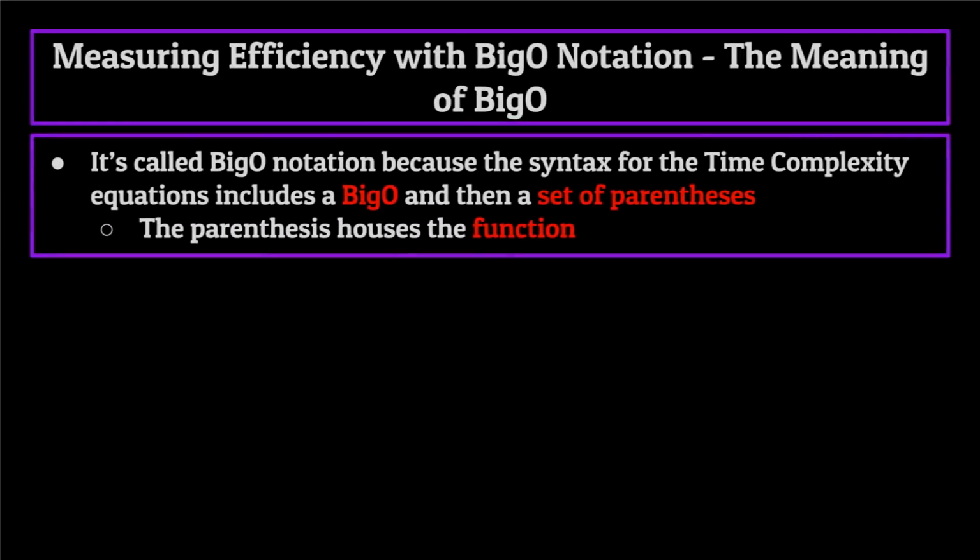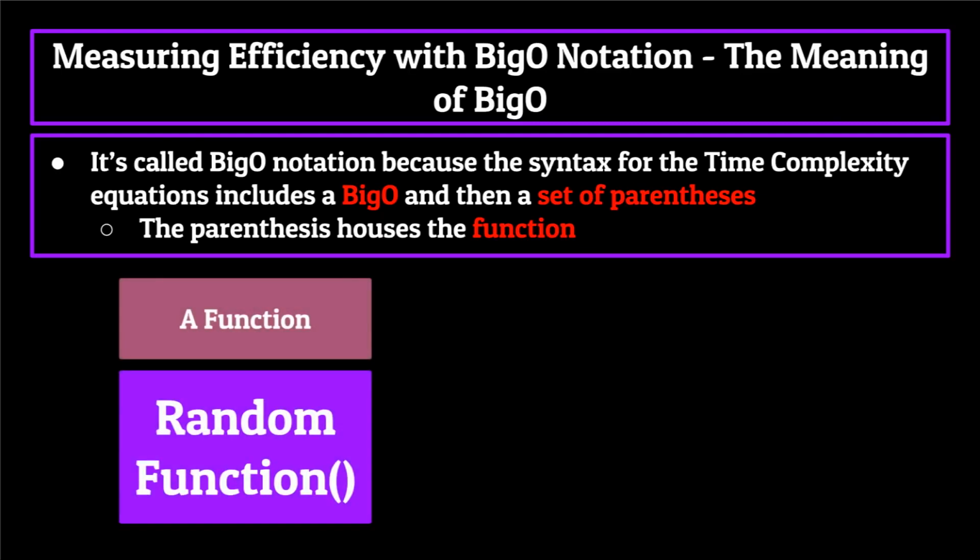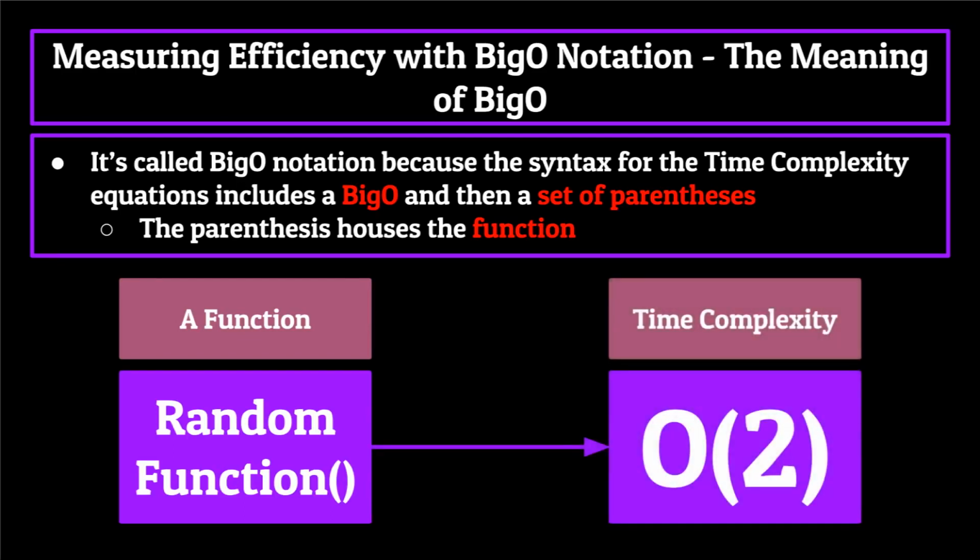Moving on. The reason that it's called BigO notation is because the syntax for these particular equations includes a big O and then a set of parentheses. Inside these parentheses will include some function which will correctly return the number of operations needed to be run by the computer. So for example, let's say we have a fake function. It can really be anything. The purpose in this case is irrelevant. Now for this fake function, let's say its time complexity equation was the one shown on your screen now.